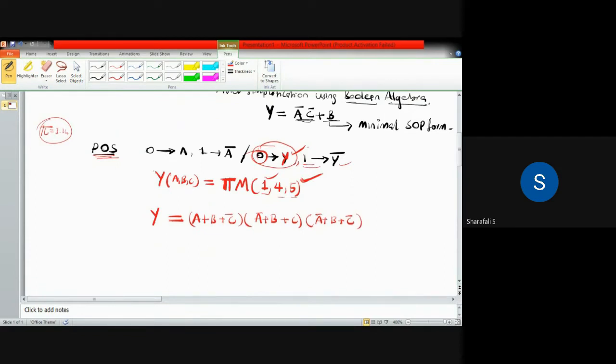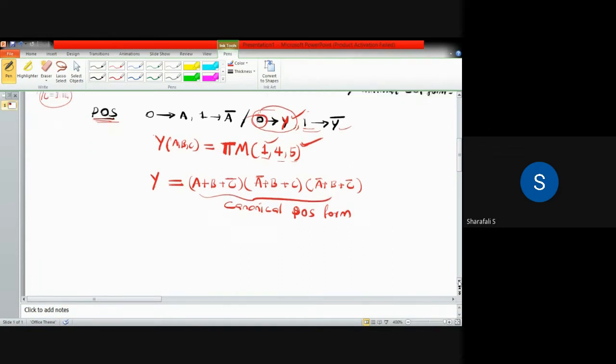So these are the max terms expressed as POS, product of sum. And this particular form is called canonical POS form, product of sum form, canonical product of sum form.